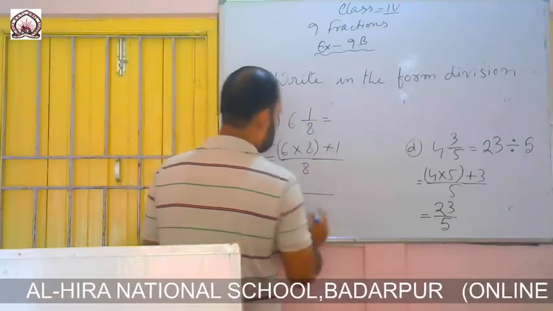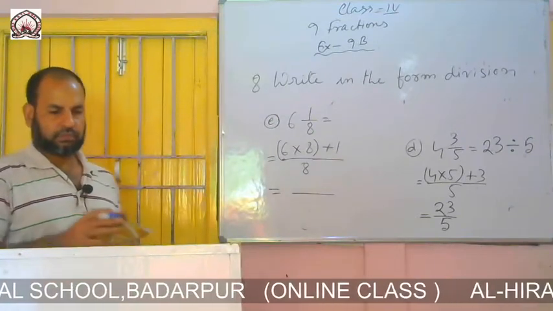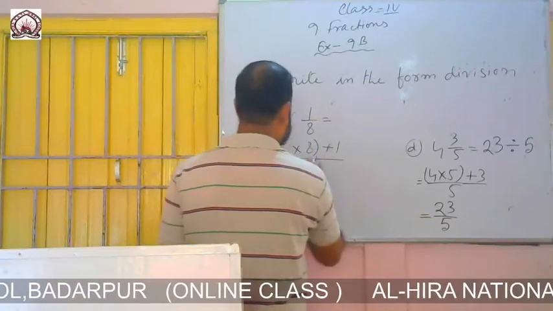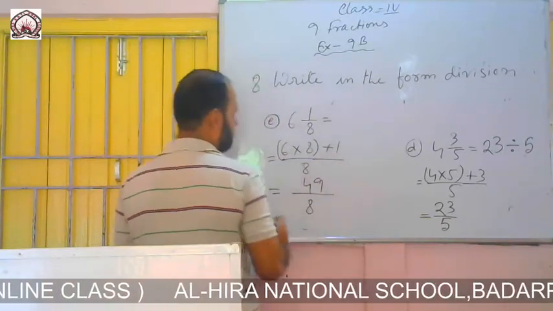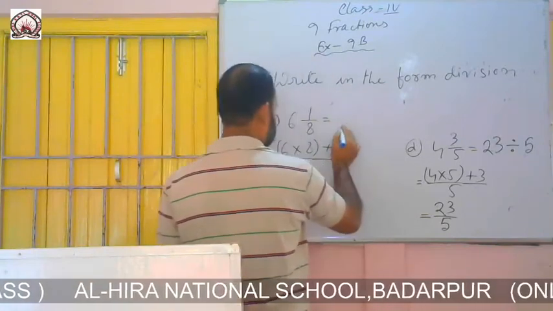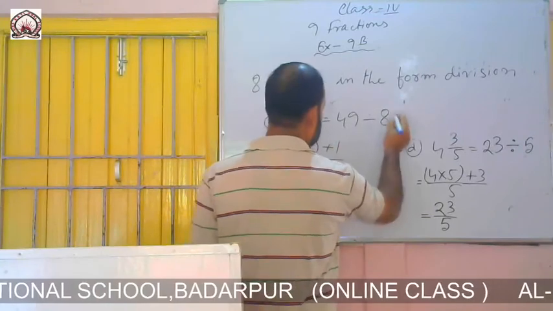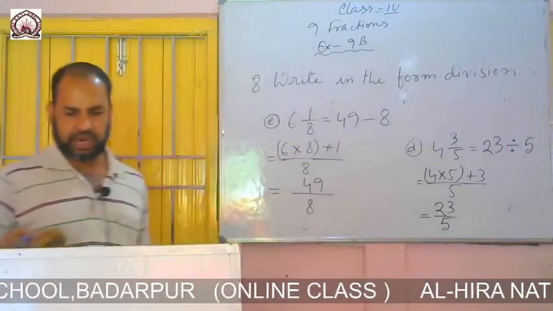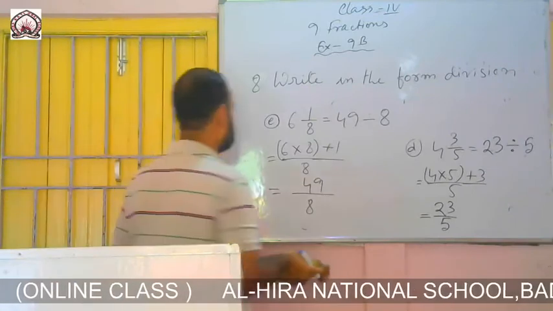So 6 eights are 48 plus 1 is 49 by 8. If we write the division form, then it is 49 divided by 8.